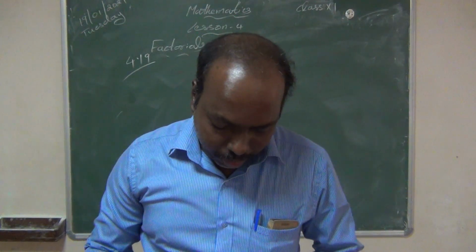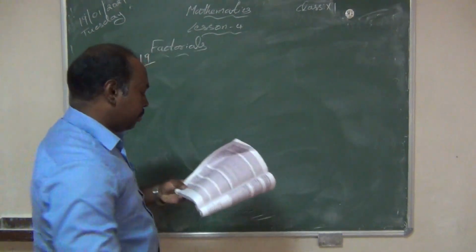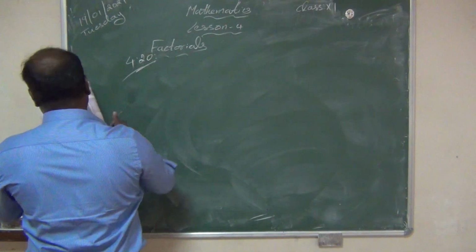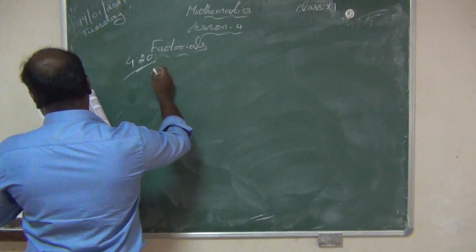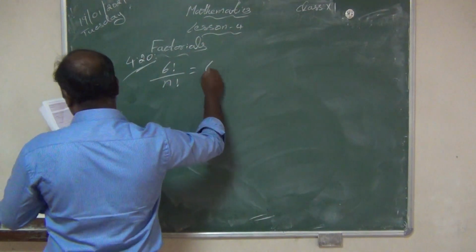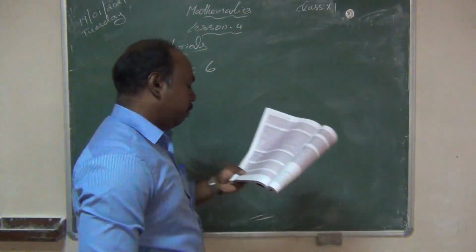Now example 4.20. If 6 factorial by n factorial equals 6, then find the value of n.